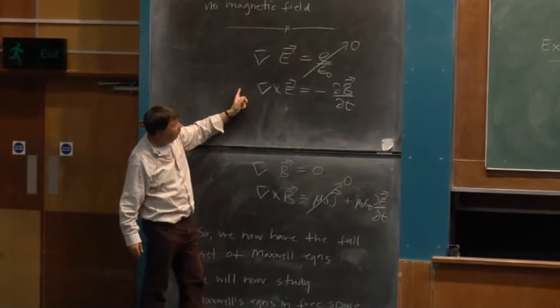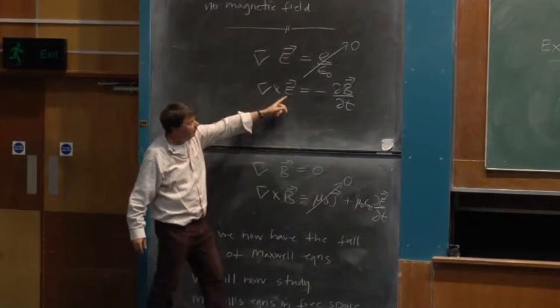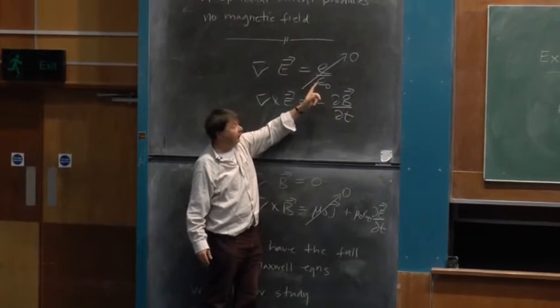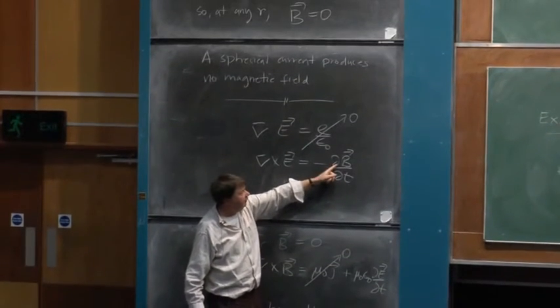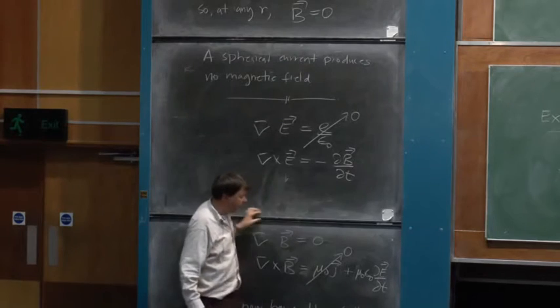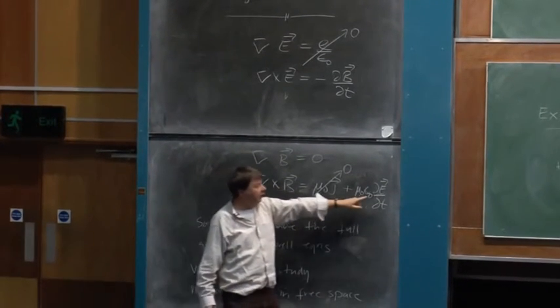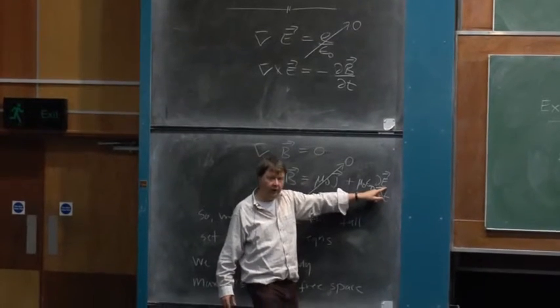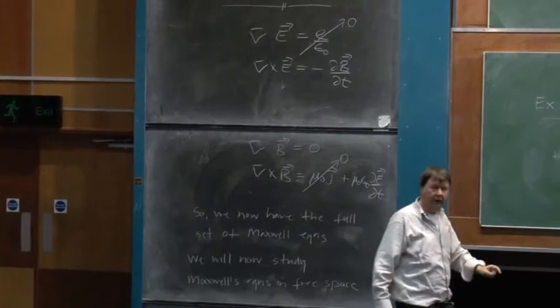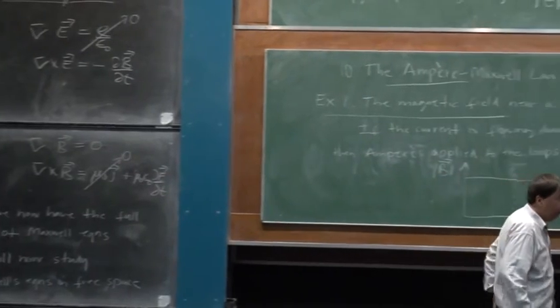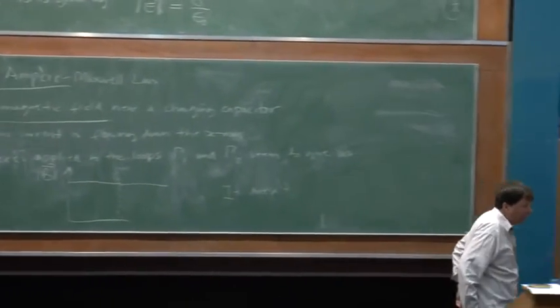I'm going to take the curl of this equation, and the curl of this, as I've said several times in the last week, is d by dt of the curl of B. Because I've got the expression for the curl of B, I can eliminate B from the equation and get an equation that is just for the electric field. And I'm going, of course, to prove that it's a wave equation.